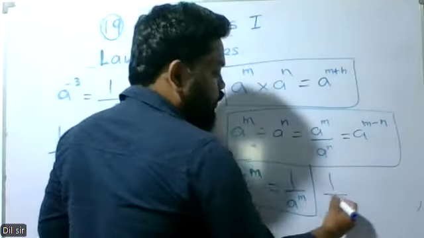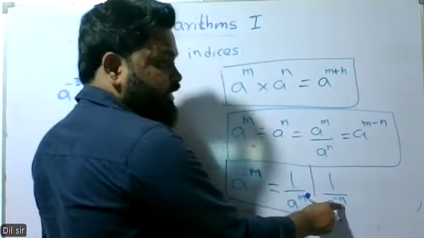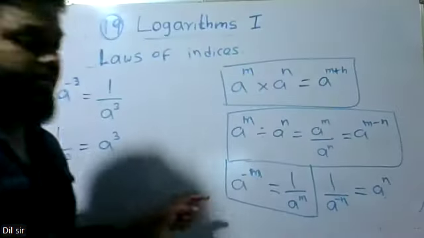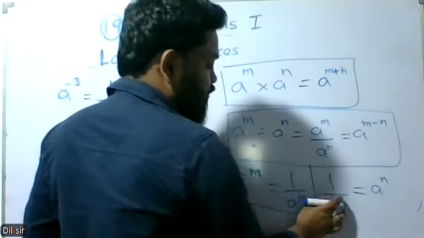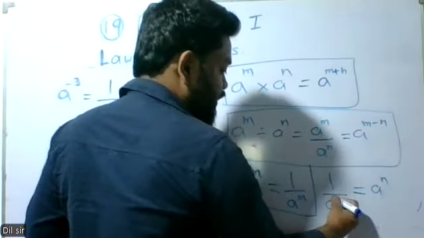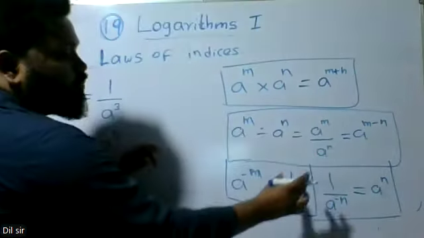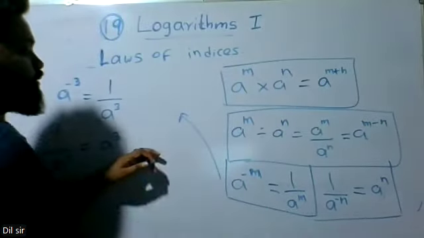If 1 over a to the power minus n is there, now negative index in the denominator, we can write a to the power n. එහෙනම් ළමයි negative index එක මාරු කරගන්න පුළුවන් positive විදිහට by interchanging numerator and the denominator. Okay, by combining these two අපිට law එකක් ලියන්න පුළුවන්.